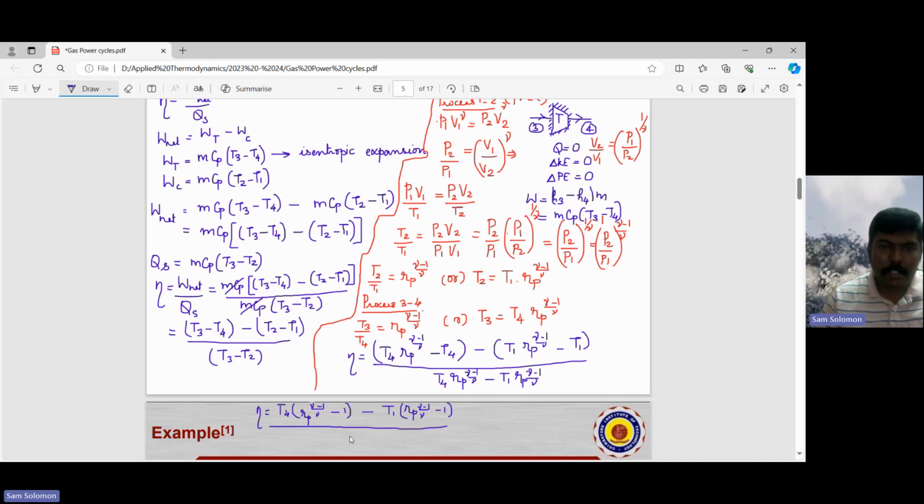And here, if I take Rp to the power (gamma minus 1) by gamma outside, I'll have T4 minus T1. And the same thing happens here also. If I take Rp to the power (gamma minus 1) by gamma minus 1 as common, then I would have T4 minus T1 whole divided by Rp to the power (gamma minus 1) by gamma multiplied by T4 minus T1.